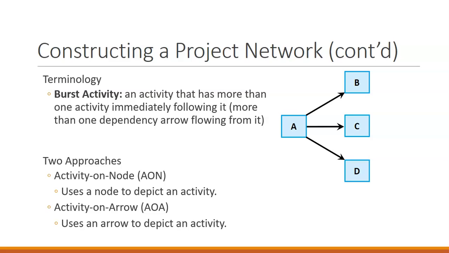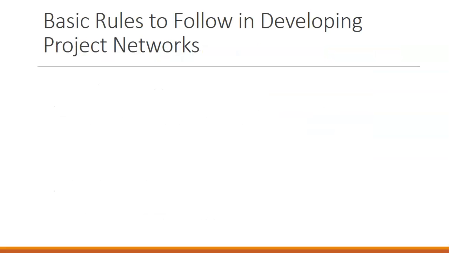We have 2 approaches for connecting those activities. We have activity on node, or AON, which uses a node to depict an activity. Those are our square boxes. Or activity on arrow, which uses an arrow to depict our activity.